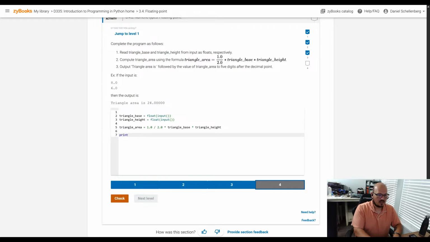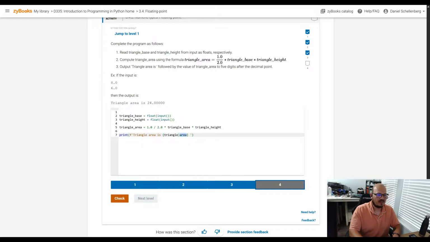Output. So print. It wants this as a quote, but we're going to be adding in the variable, so we're going to do an f-string. It wants a string that says triangle area is, followed by the value of, we got to put that in curly brackets, triangle_area.